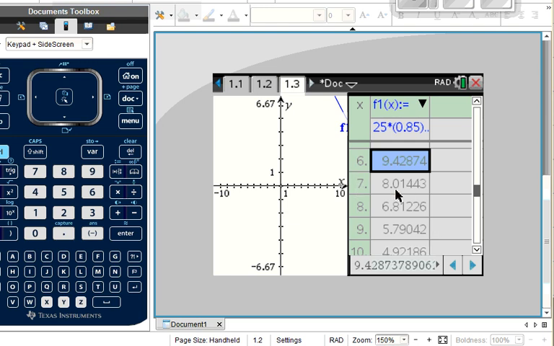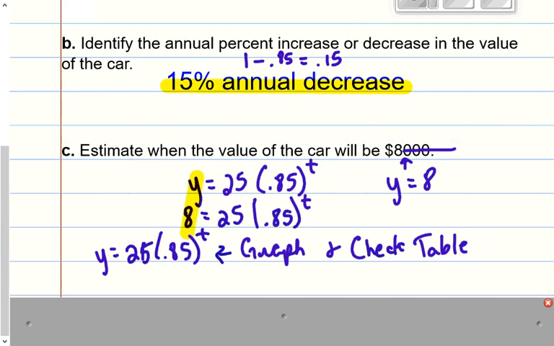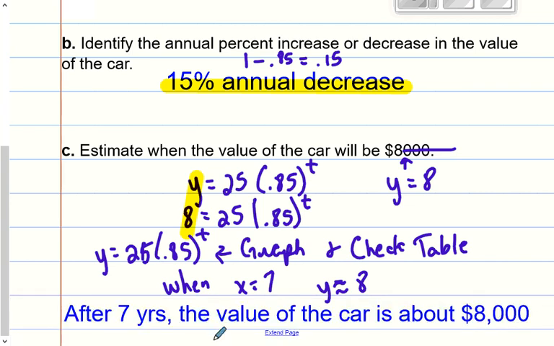It's 8.01. So when X equals 7, Y is approximately 8. So then we can say after 7 years, the value of the car is about $8,000.